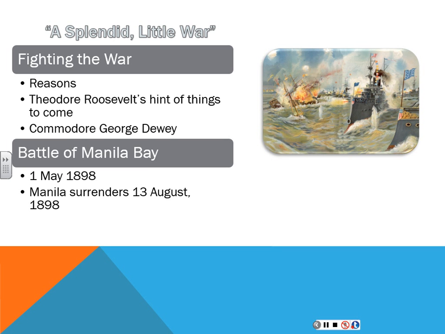He telegraphs out to Hong Kong, Commodore George Dewey, and he sends him a message and says, at the beginning of hostilities with Spain, be prepared to attack the Philippines. The Philippines are a Spanish possession.